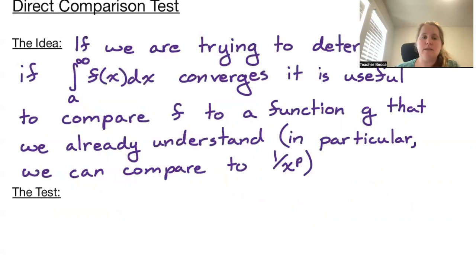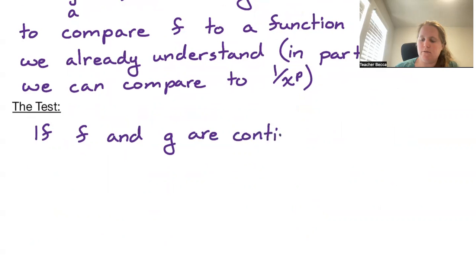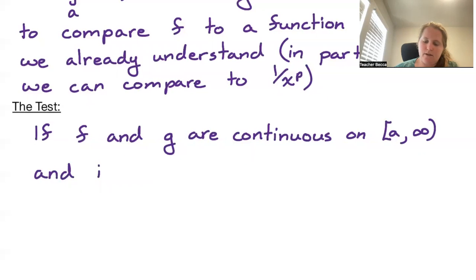So the official test says that if f and g are continuous on the interval from a to infinity, a is included, and if 0 is less than or equal to f of x is less than or equal to g of x.